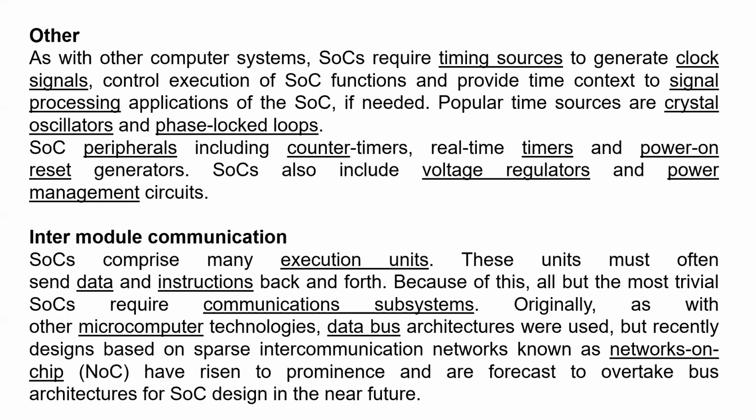Therefore there is a need for some advanced technology for communication, and this is called network on chip. Nowadays, instead of bus architecture, network on chip is generally used for intermodule communication. This is also a topic of research and is still under development, but it is used where you are going to have a greater amount of integration in a system on chip.